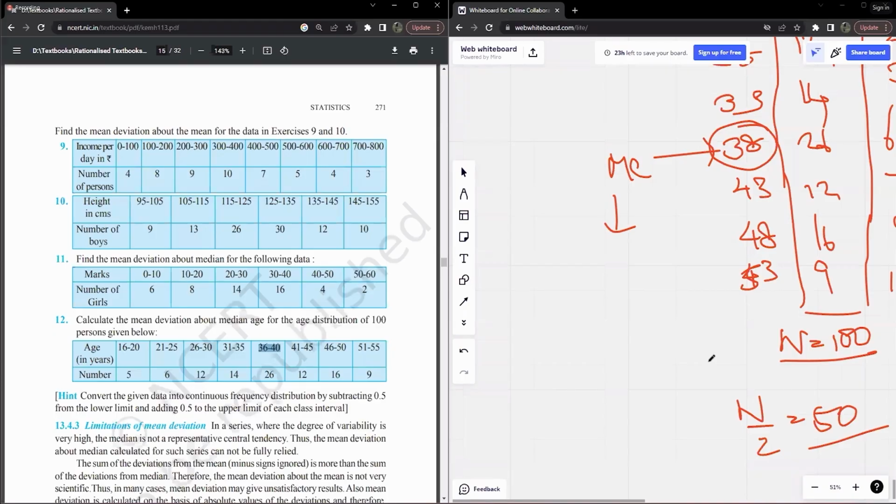So you have the lower limit L to be 35.5. You have the height h to be, this is what, 5.